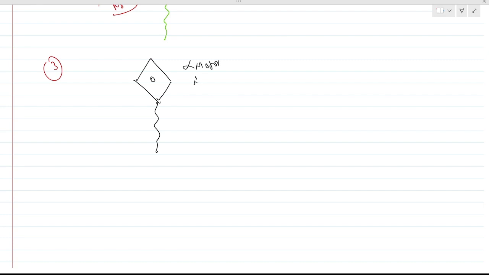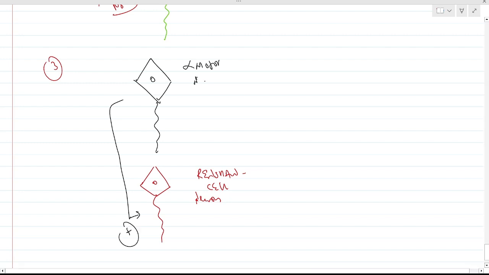Alpha motor neuron. Okay, and beyond this we have a special type of neuron. This is called Renshaw cell neuron. Now this alpha motor neuron discharges its action potential to the Renshaw cell neuron, and the Renshaw cell neuron gets activated.